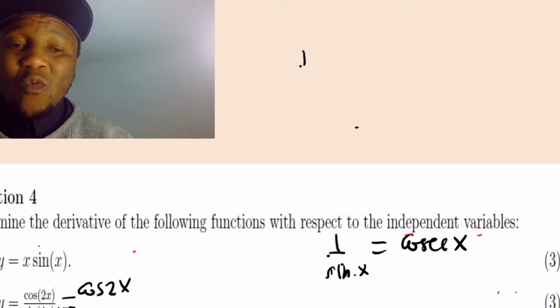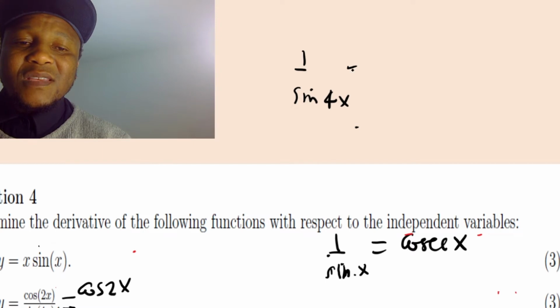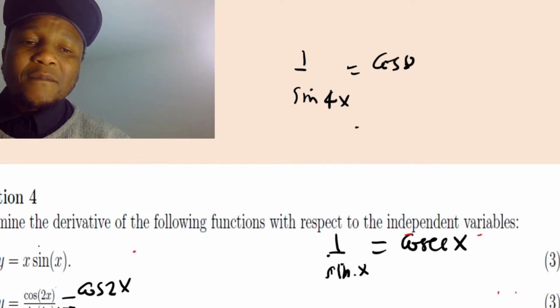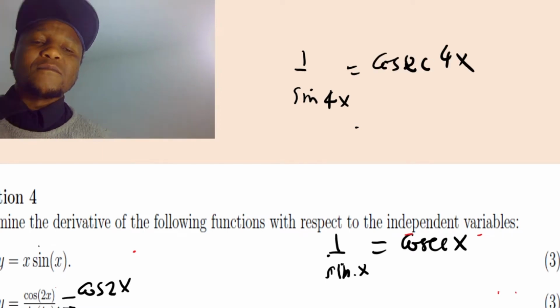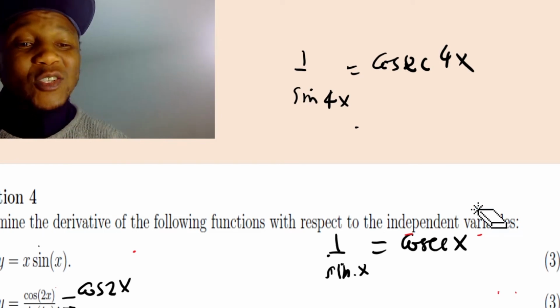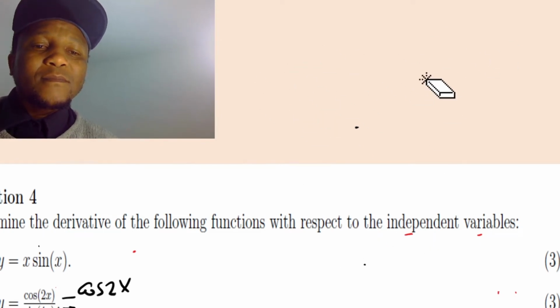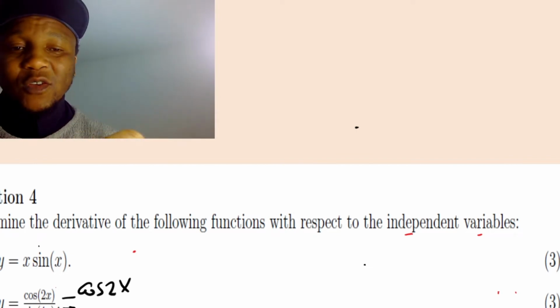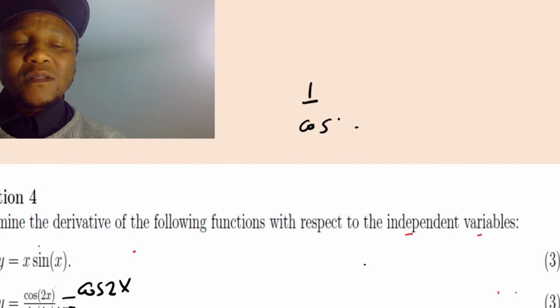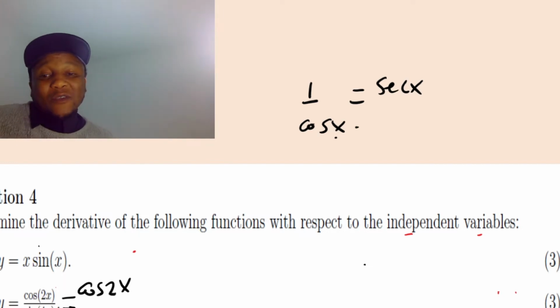So if somebody gives me 1 over sine 4x, it is equal to cosec 4x. You see that? Also, just a little note, it's not part of the question, but 1 over cos x is equal to sec of whatever you have there.